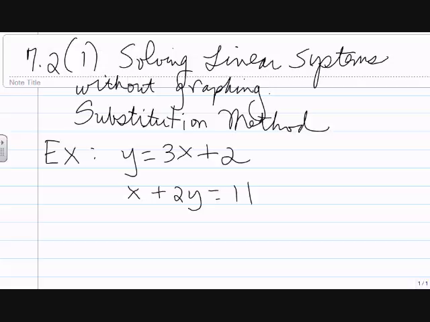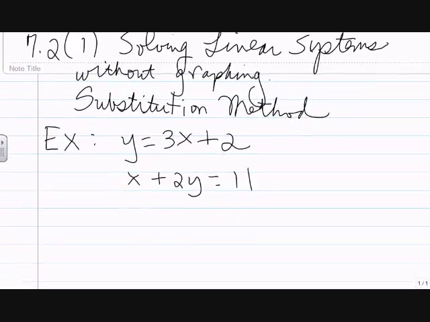These may be a little harder to graph anyway. I think the first one wouldn't be too hard to graph. The second one doesn't have integer x and y intercepts. I'm sorry, it has an integer x-intercept, but doesn't have an integer y-intercept. So I think we'd have a little bit of a hard time graphing these to start off with.